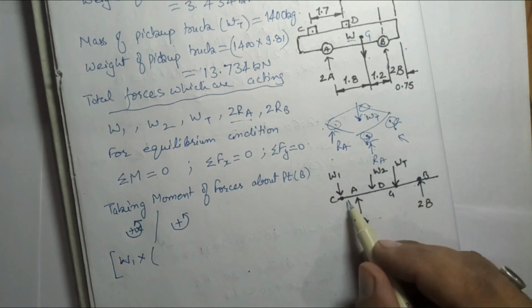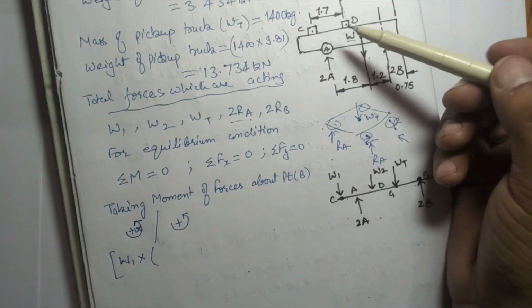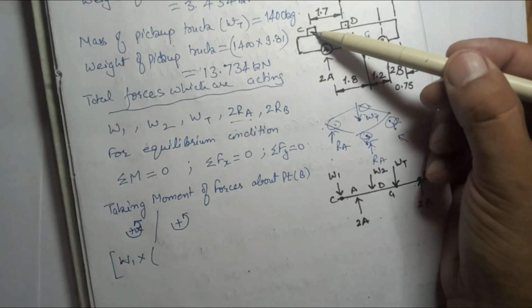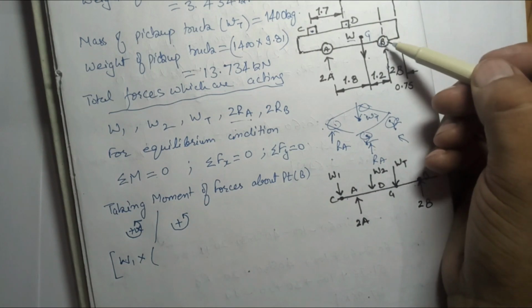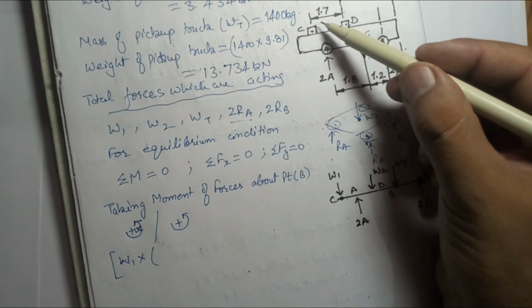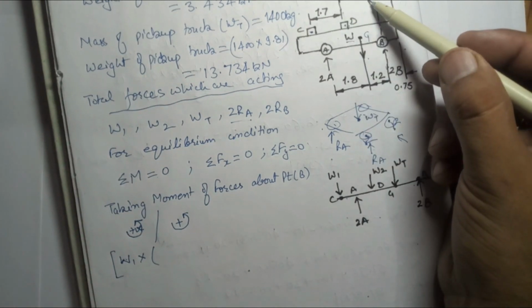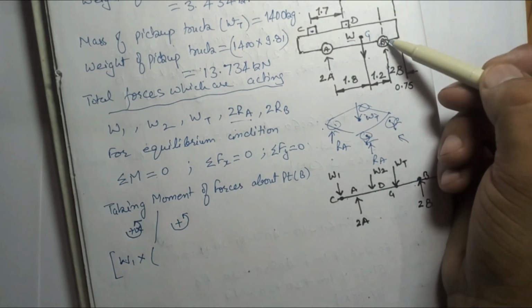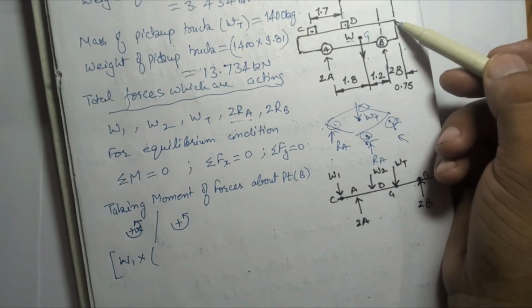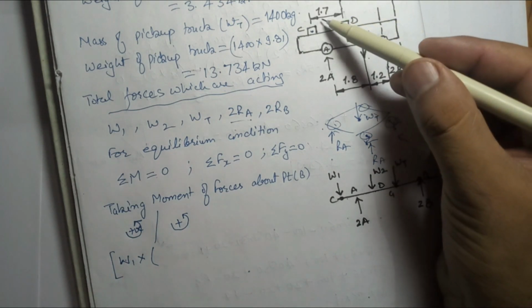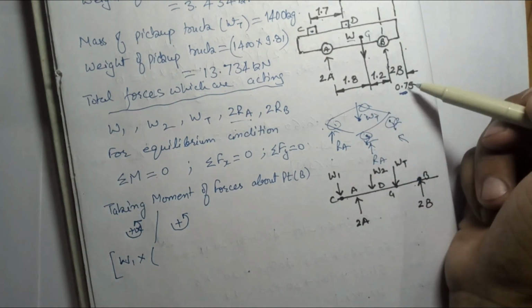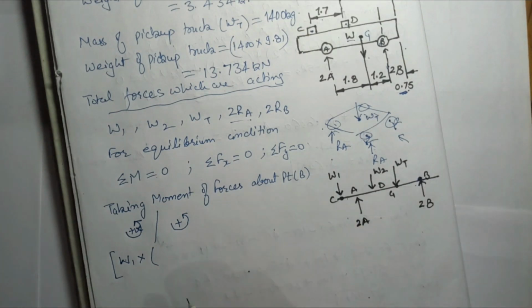So the perpendicular distance is this. From this diagram, this was W1 at C point, W1 into this distance up to B. So can we calculate it? This is 1.7 plus 2.8, but B point is up to here only, 2.8 is up to full. So here we have the value 0.75. So it is 1.7 plus 2.8 minus 0.75.